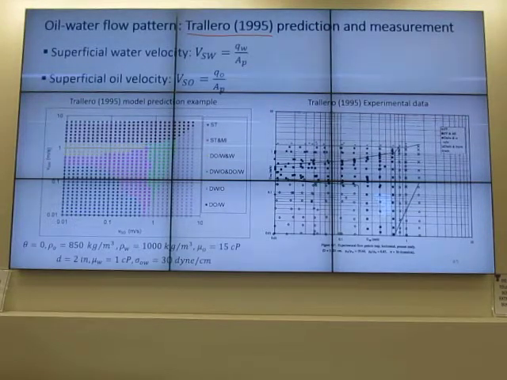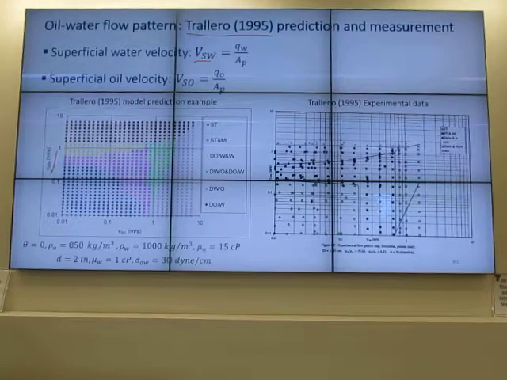Now we shall talk about how to read the flow pattern map. Look at this part. This axis is V subscript SW. VSW, we call it superficial water velocity. VSO is superficial oil velocity.